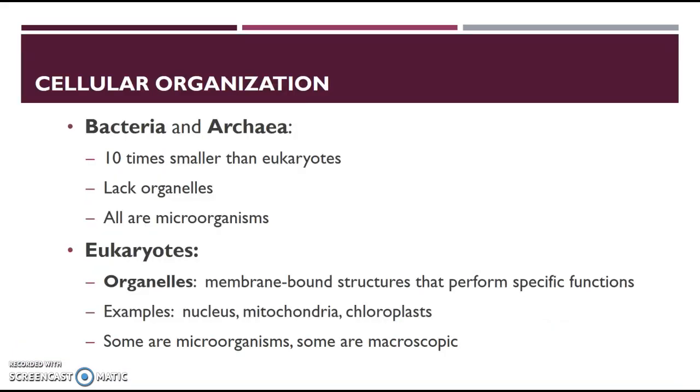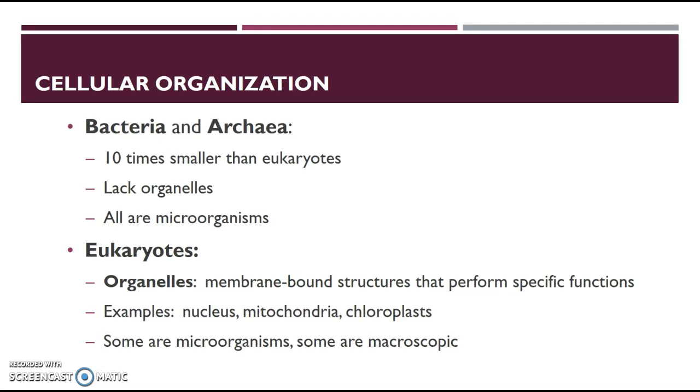So let's talk about these cell types. The bacteria and the Archaea are very small cells, typically about 10 times smaller than eukaryotes. They do not possess organelles. Organelles are structures that are enclosed in a membrane that perform a very specific function for the cell, and bacteria and Archaea lack these structures.